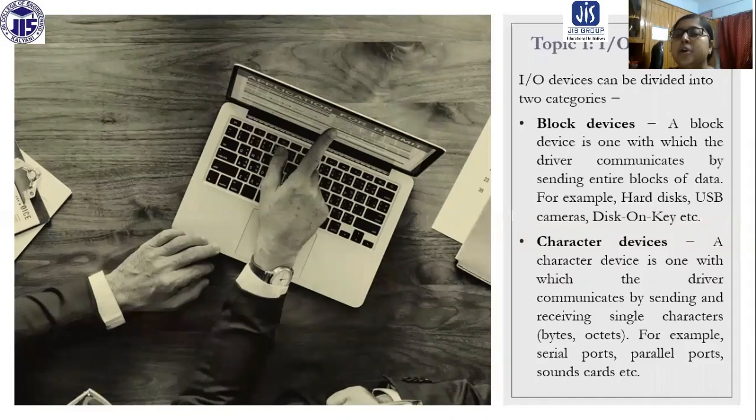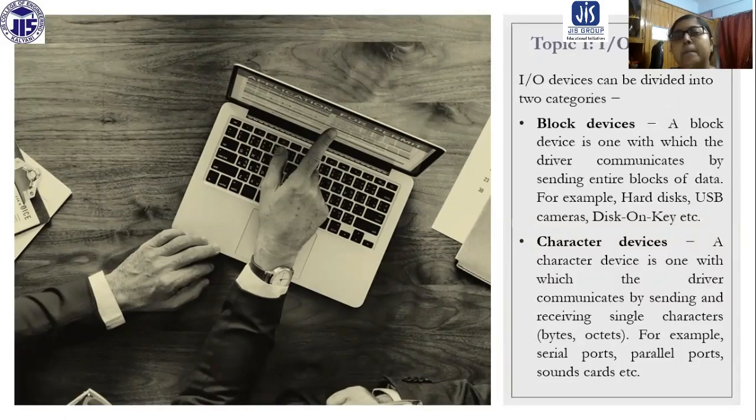But if that is not possible, then a character device is one with which the driver communicates by sending and receiving single characters. It can be bytes, it can be octets. For example, serial ports, parallel ports, sound cards, etc. Whenever the system communicates with these devices, the driver communicates by sending and receiving single characters.